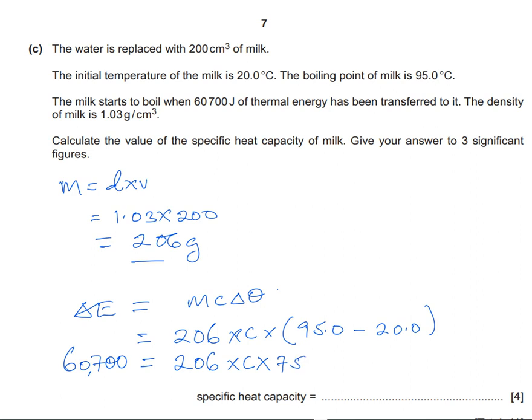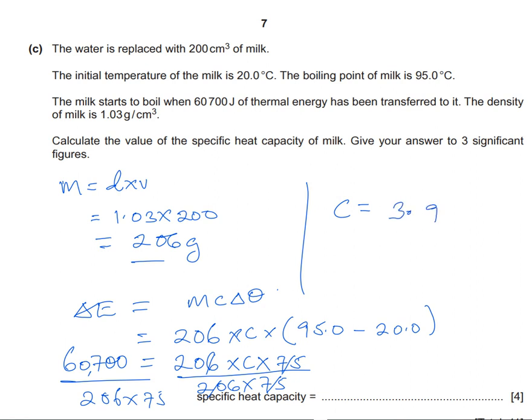Then you divide this by 206 times 75, and finally we shall have our specific heat capacity as 3.93. So we can write it here, 3.93 joules per gram per degree Celsius.